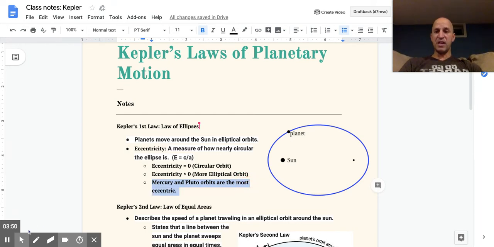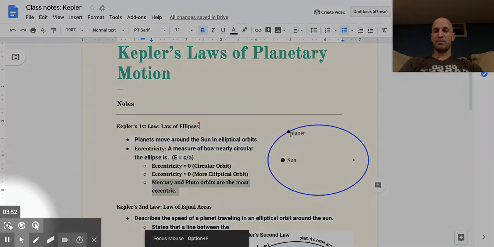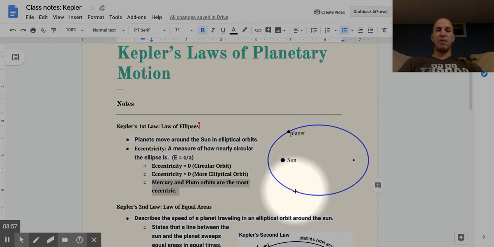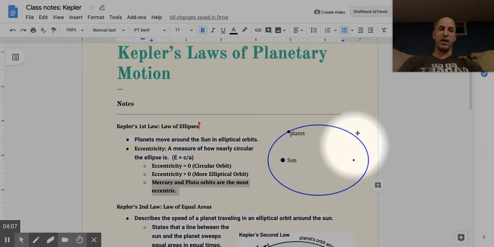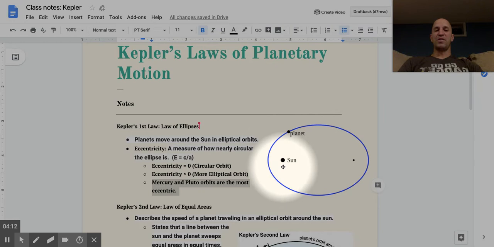If you see over here to the right, the blue line represents the orbit around the sun. Let's say this planet is Mercury. You can see this orbit is not circular. It is elliptical, oval. You have the sun here and the second focus point here.